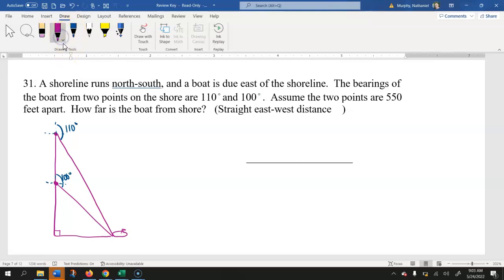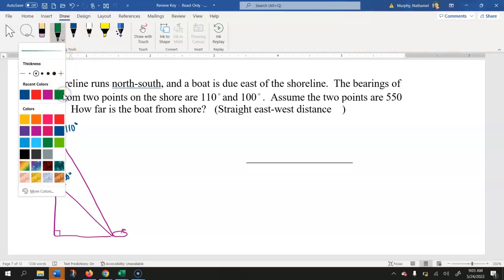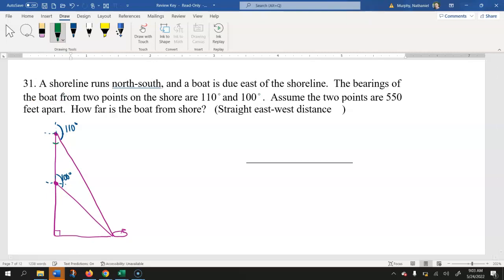From that we can get a couple of other angles. Let me do it over here. This angle would be 70 degrees, and this angle would be 80 degrees. They also gave us that the distance between those 2 points on the shoreline is 550 feet.